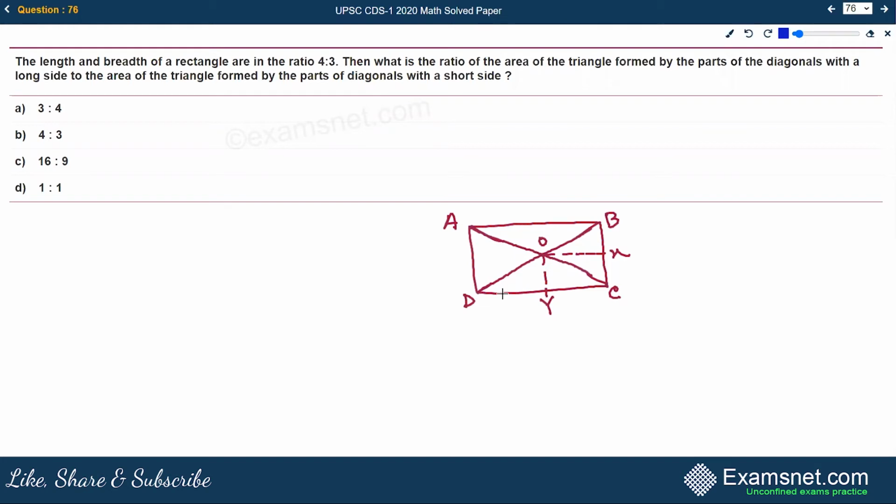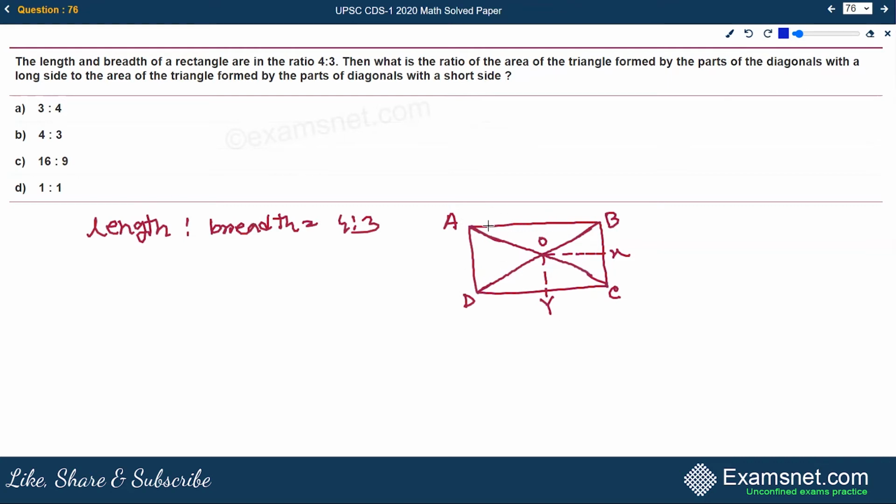ABCD is a rectangle. Okay, so the length and breadth ratio is given, that is 4:3. Now here AC and BD, these two are diagonals, correct?